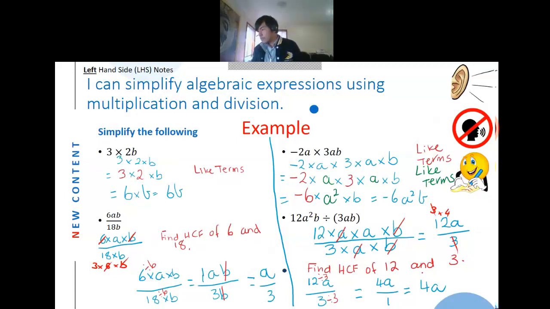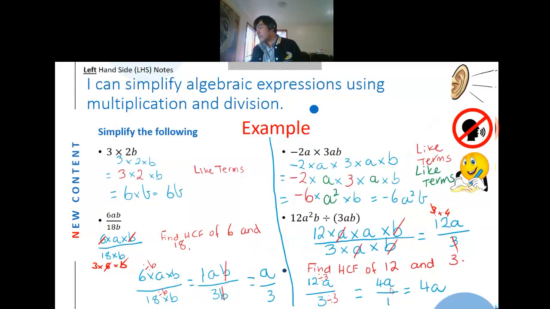4a at the top, and then now this is the tricky part. This 3 here, since we cancel it, now when we cancel the 3 here, we don't get 0, but actually we get 1. Okay, and the reason for that is because 3 can go into 3 one time.